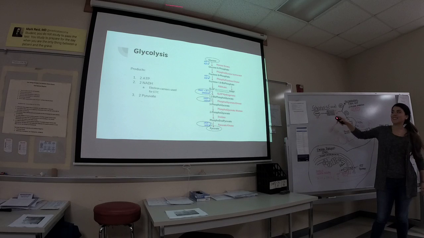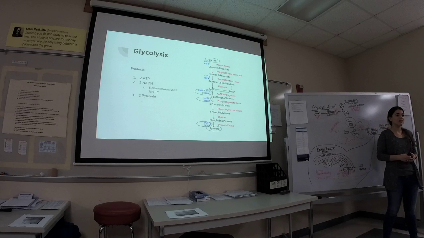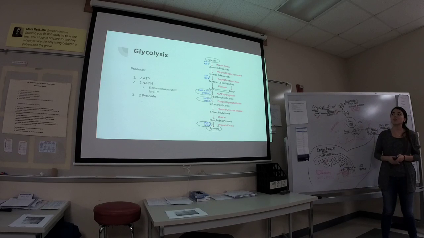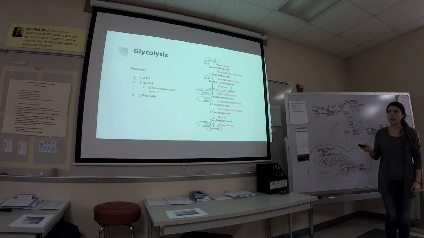So I know this looks really overwhelming. You don't have to know that. I just want you to see that in glycolysis, it's a really long process of breaking down glucose into 2 pyruvate. But what I do want you to focus on is the products. So we have 2 ATP molecules that are produced after glycolysis, 2 NADH, which are electron carriers.